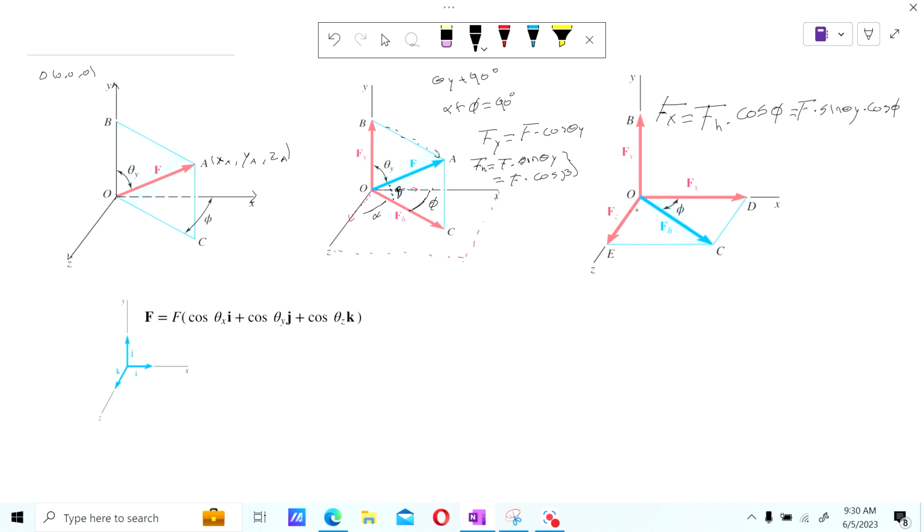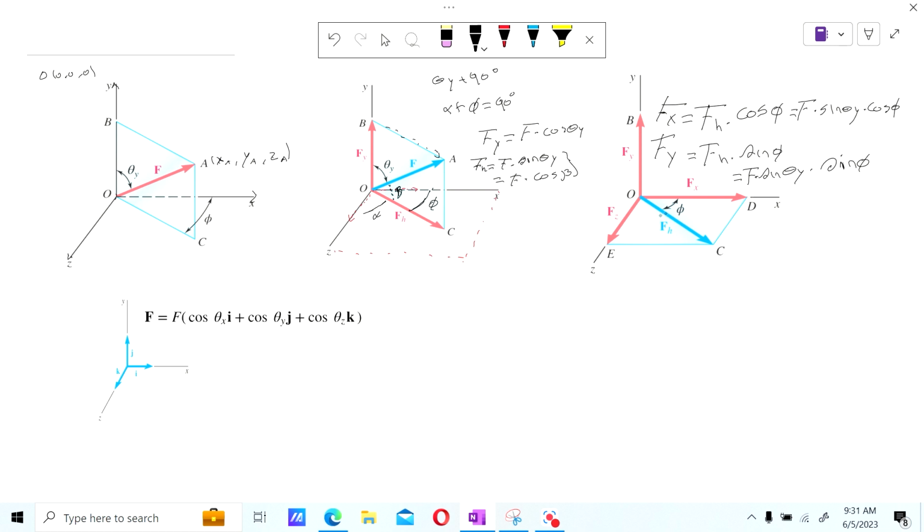Then if we want to compute Fz, it's just the sine of the angle phi. Fz equals FH times sine of phi, which is equal to F times sine of theta y times sine of phi.